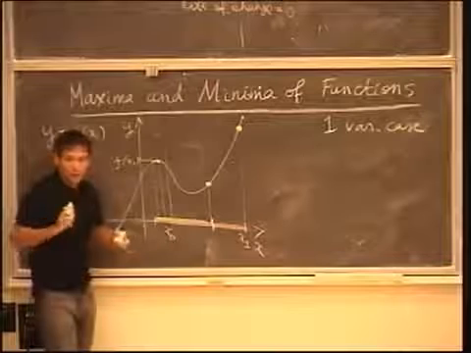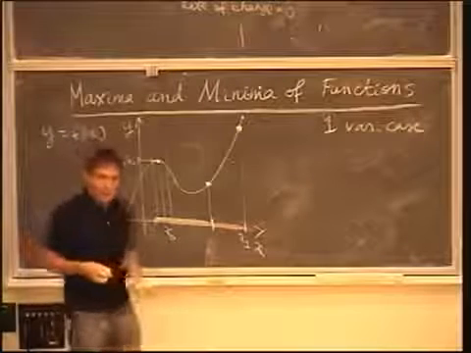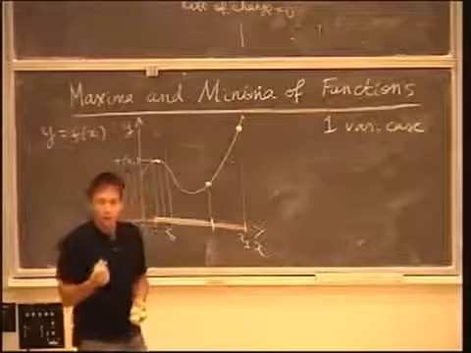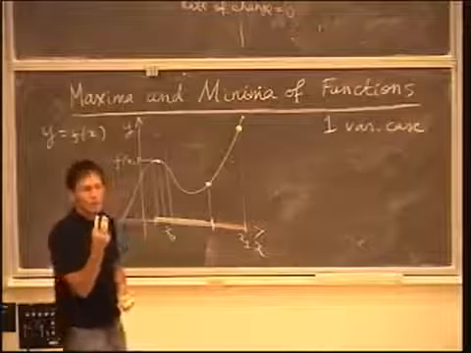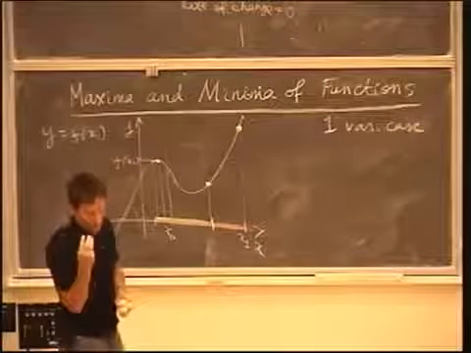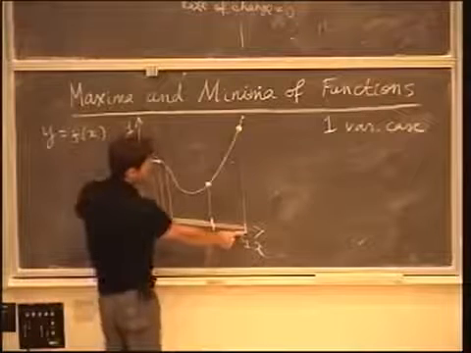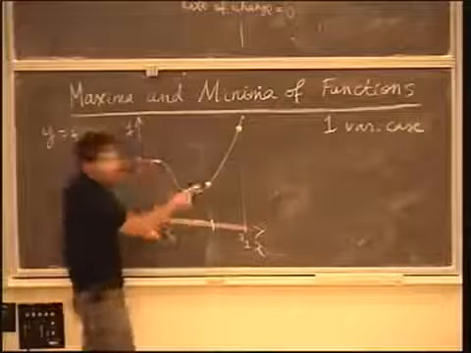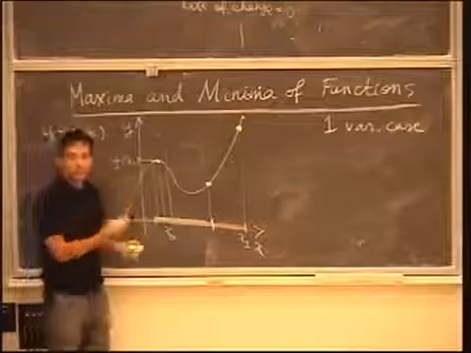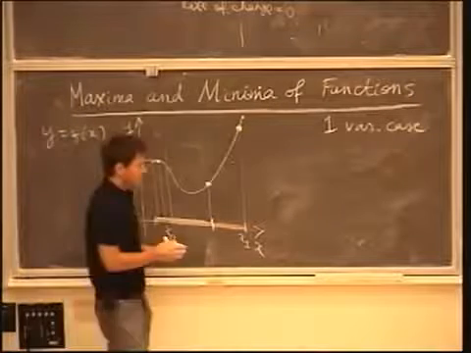So this guy would have the highest possible value on this interval. The bottom line, the upshot of all this, is that the absolute maximum can be found in a finite set of points. Those points are, first of all, the endpoints, and all the points where you have potentially a local maximum or minimum.